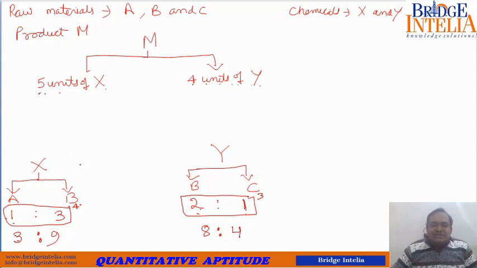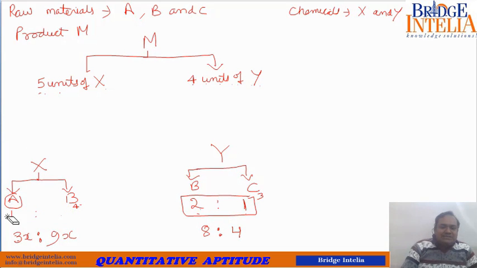So you can say that you are taking 3x grams of A and 9x grams of B. So I am removing the unnecessary information one by one.